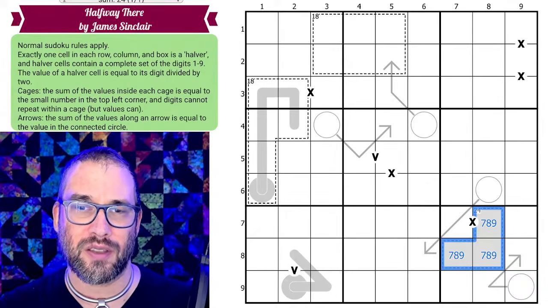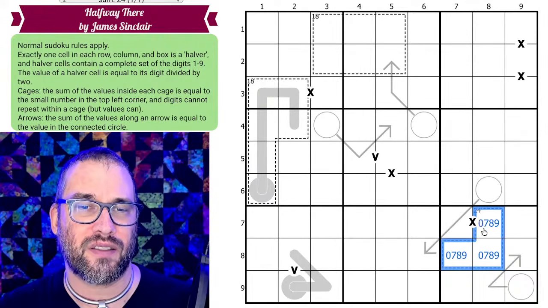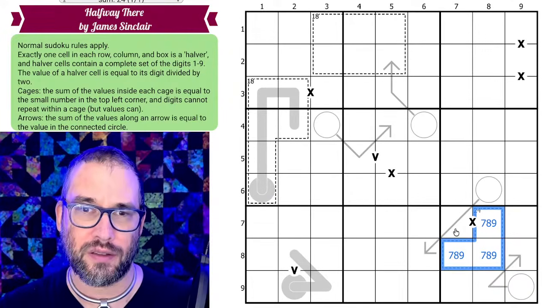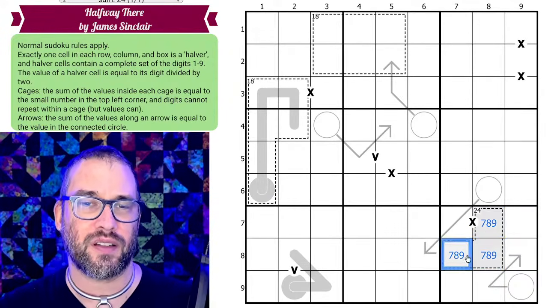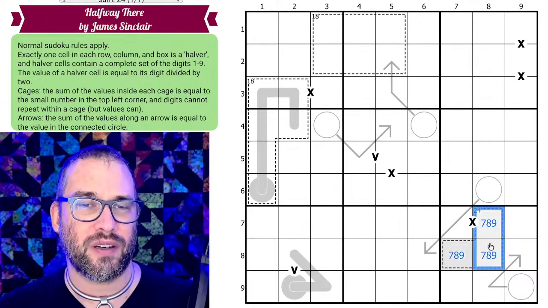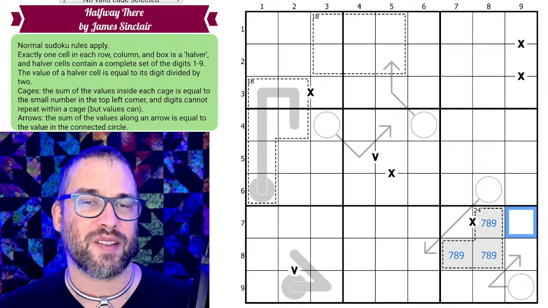So we're gonna make this color. Can you see that for not halved? Hopefully it stands out well enough.